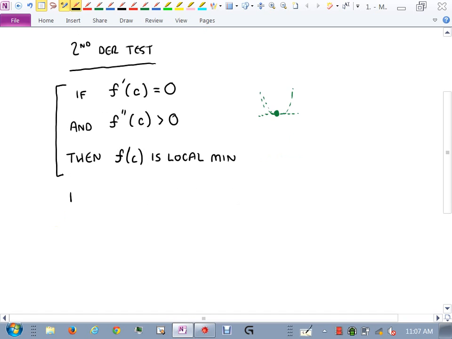It said also if the first derivative was 0 and the second derivative was negative at some point, then we have a local max, right?